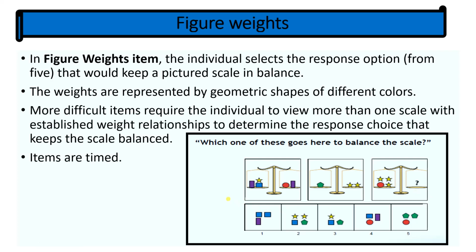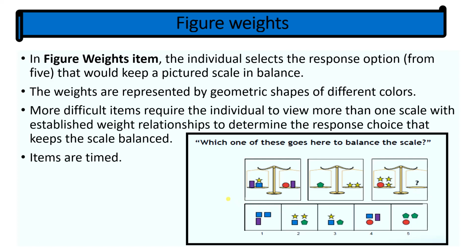More difficult items require individuals to view more than one scale with established weight relationship to determine the response choice that keeps the scale balanced. And remember, items are timed. So, some time limit is given, an individual has to perform this task within that time limit.